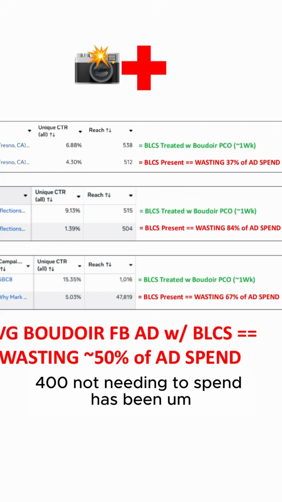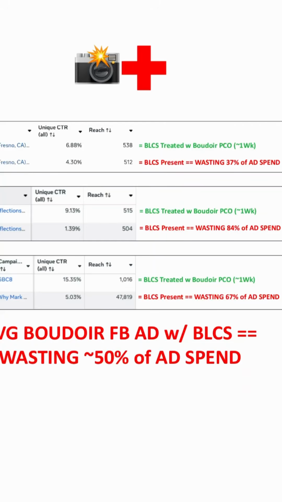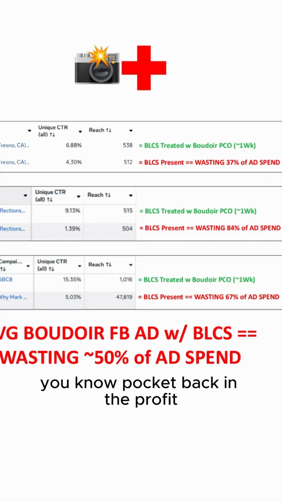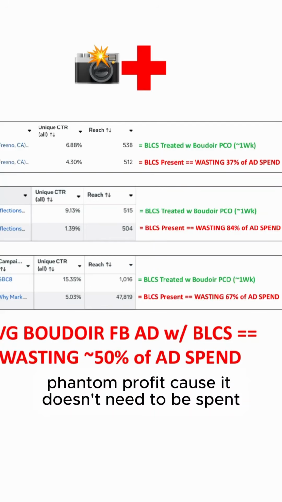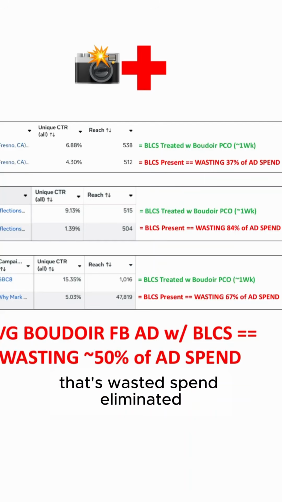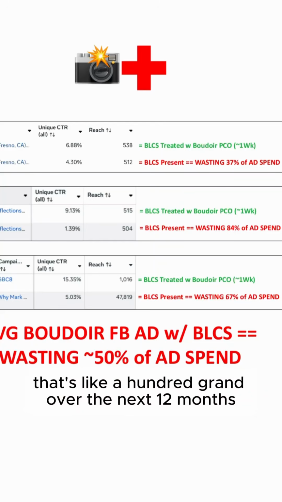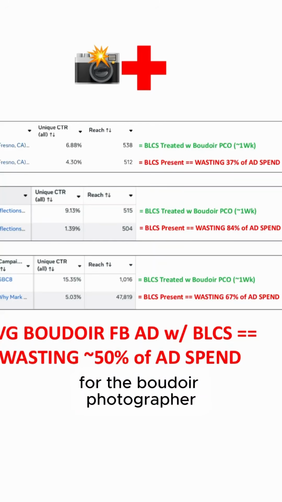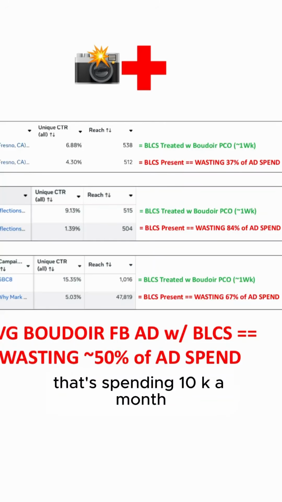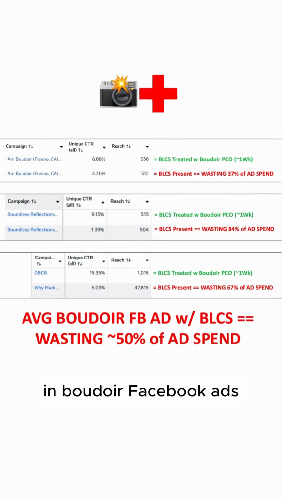So 8,400 not needing to be spent goes back in the pocket, into the phantom profit, because it doesn't need to be spent. That's wasted spend eliminated. That's like 100 grand over the next 12 months for the boudoir photographer that's spending 10K a month in boudoir Facebook ads.